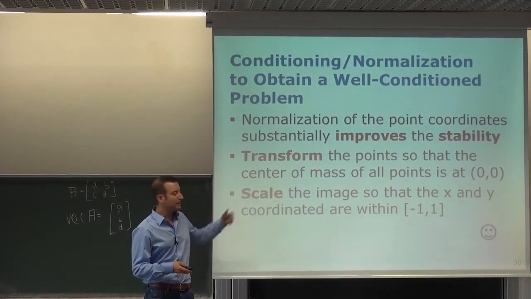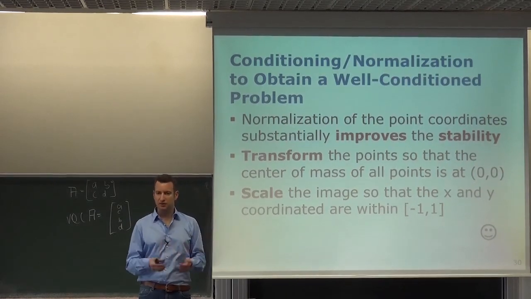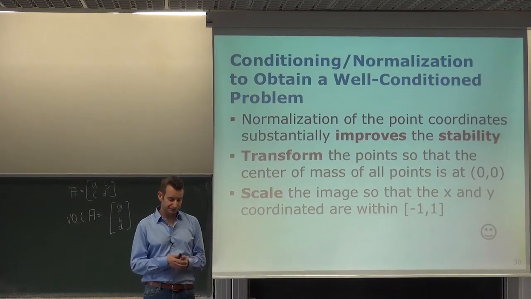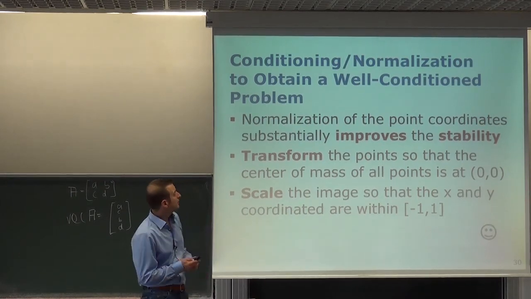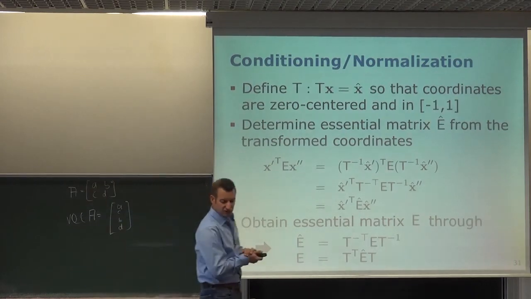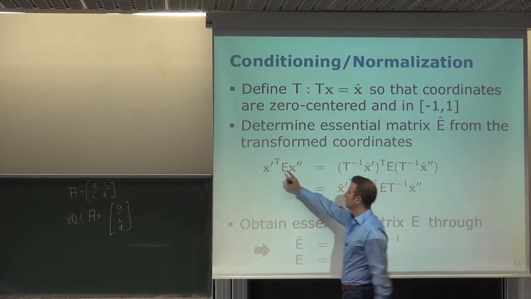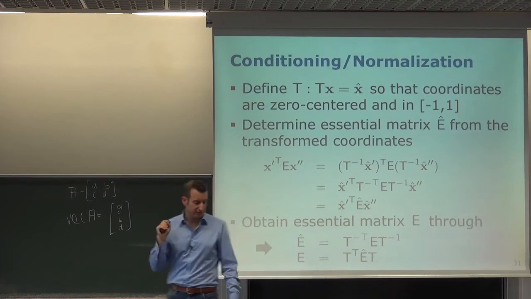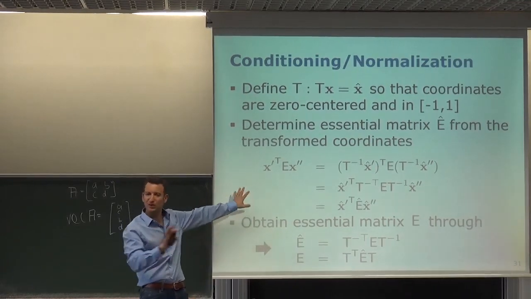And then I can apply exactly the same approach that I did before to compute my fundamental matrix or essential matrix. So for this conditioning, this E should actually be an F. It's a copy-paste mistake, but it holds for E as well, so we can leave that here.